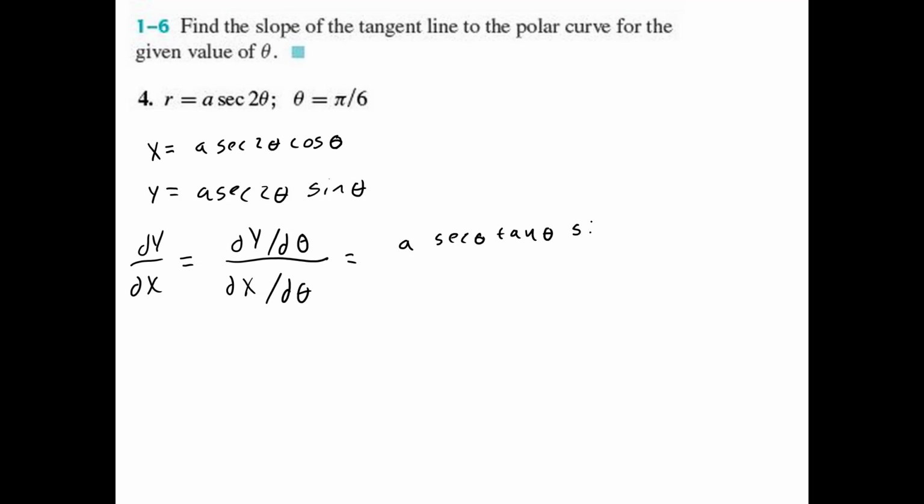Leave the sine alone. Ooh, but that was the secant of 2 theta. So that should be 2 theta, and then you should have a 2. Leave the sine alone. Plus, take the derivative of the sine, which is the cosine of theta, and leave the secant of 2 theta alone.